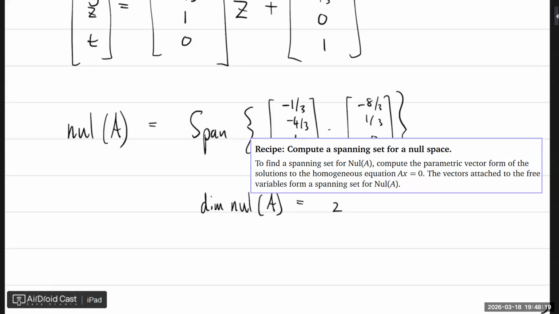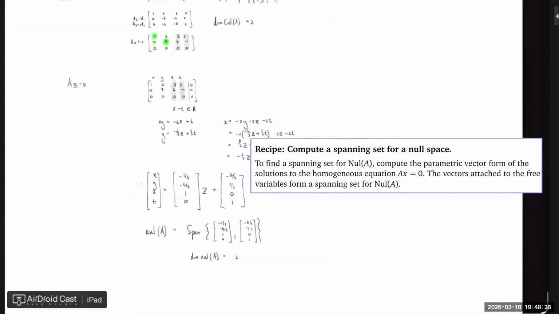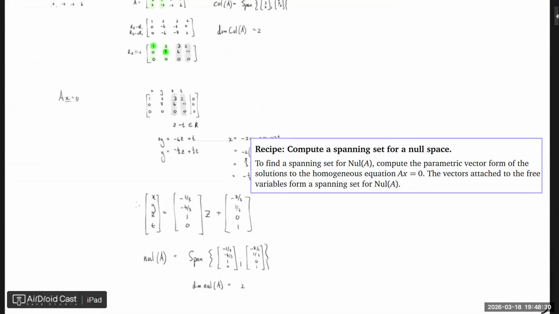I know this is only next week's work, but just to give you the idea, keep this in the back of your head: we have the dimension of the column space, we have the dimension of the null space, and what should always be true is what we call the rank theorem.